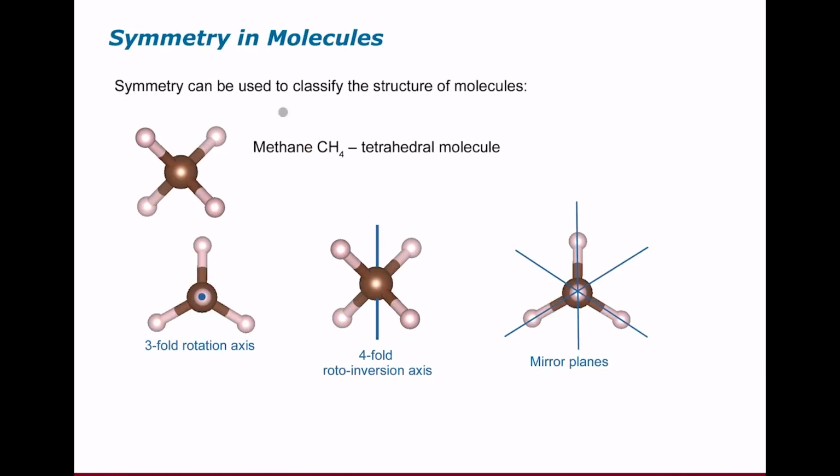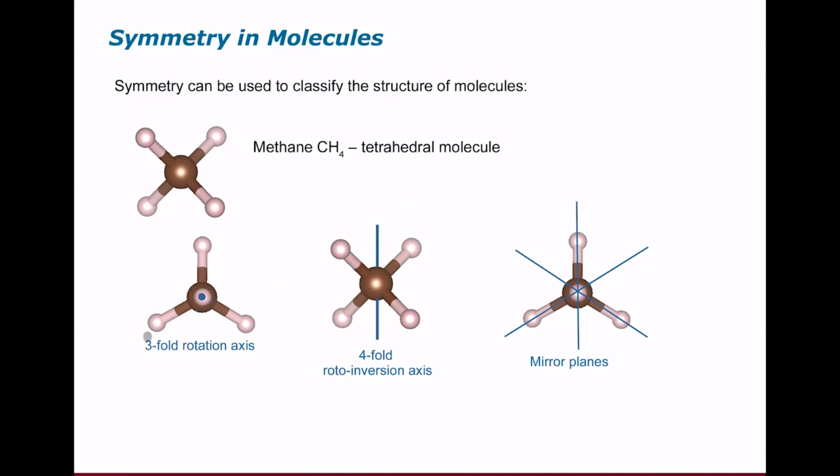And this molecule doesn't have a continuous rotational symmetry like an atom, but it has various discrete rotational symmetries. So for example, if you take this atom and you look at it through one of these hydrogen-carbon bonds like this, then the angle between the 3 other bonds are all 120 degrees.